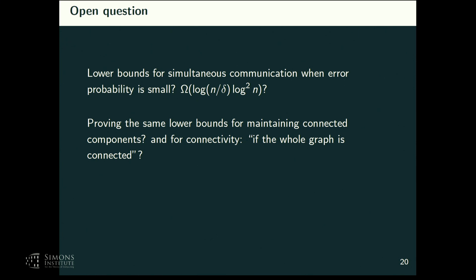So it's an interesting question to study whether we can prove the same lower bound if the problem is just to maintain this 1 bit of whether the whole graph is connected or not. And for this problem, the best known upper bound is still the same log n cubed if the error probability is constant. Thank you.